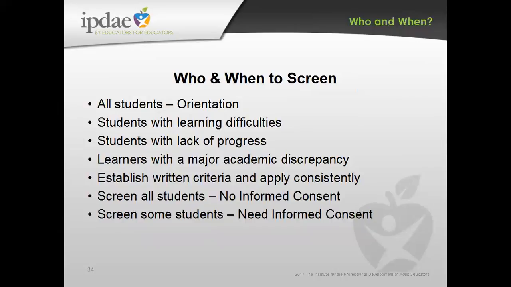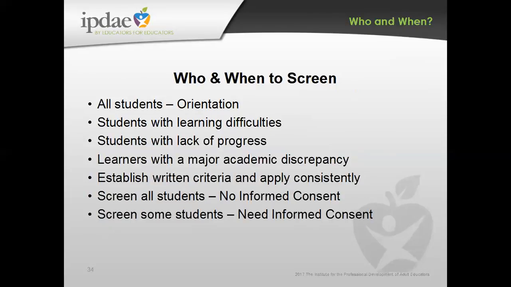All right, so again, we can use it without informed consent at an orientation, registration. We can use it one-on-one with students that have learning difficulties that you have observed, with students who are not progressing that you have observed.